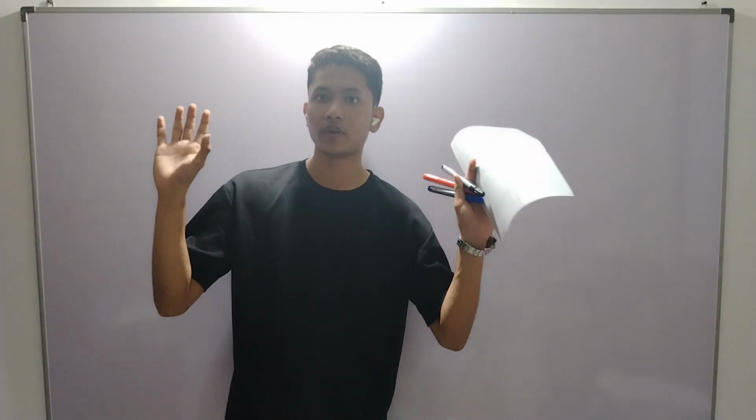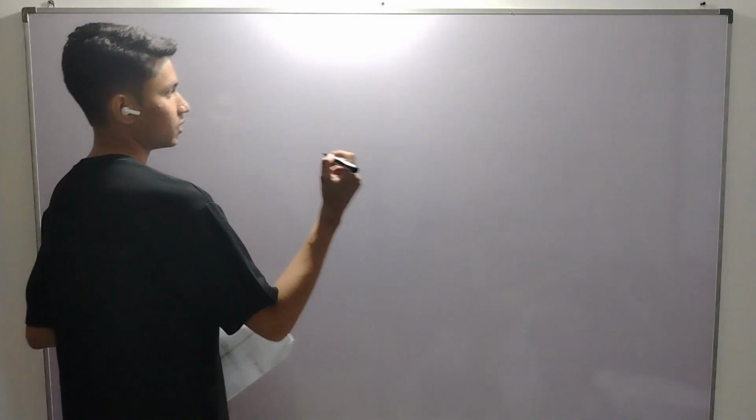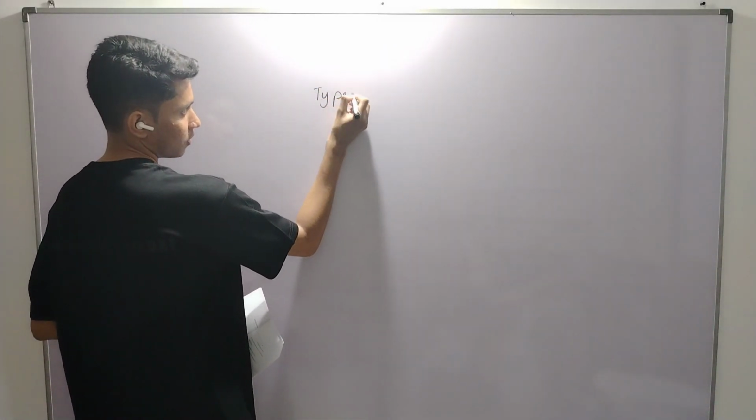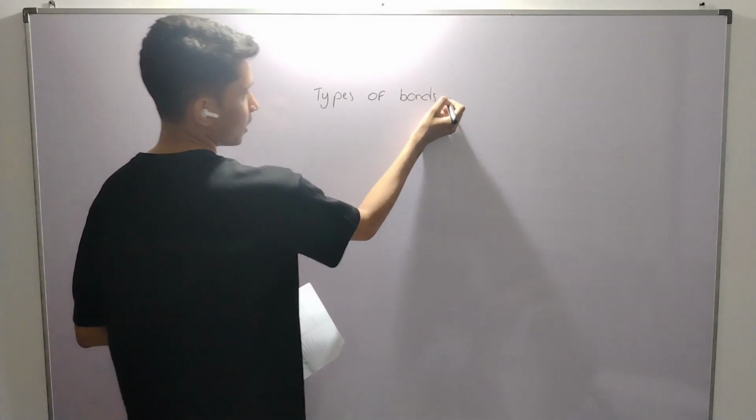Okay, now the next thing that we are going to discuss is bonds. Now we know what is meant by a bond and why bonds are formed. So the next topic is types of bonds. Carefully pay attention for this topic. Types of bonds.